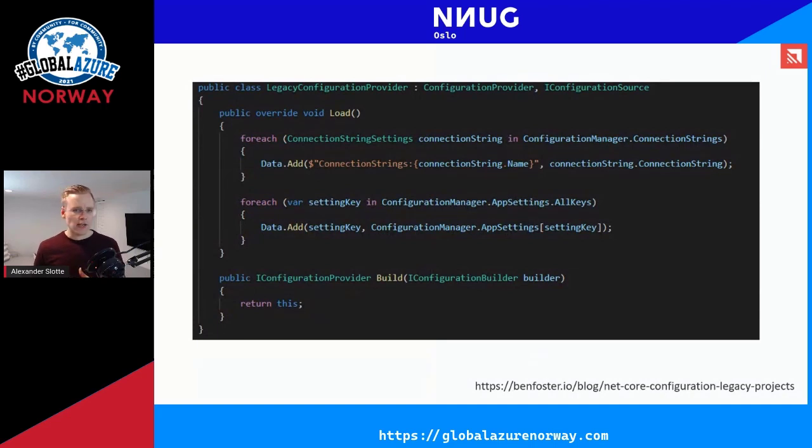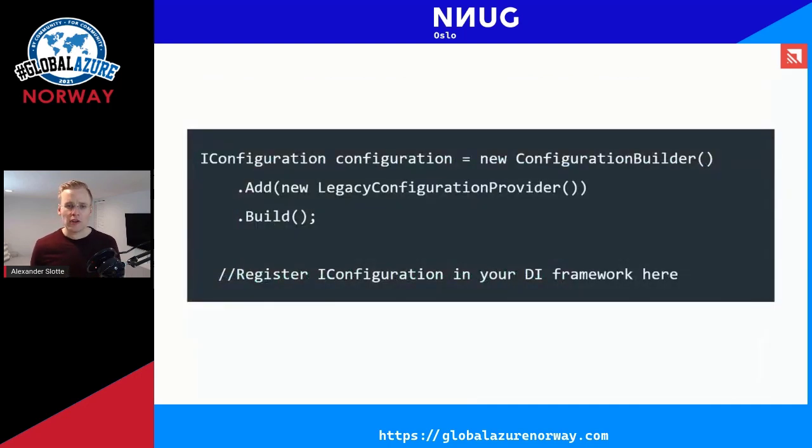And this kind of custom provider can look something like this, right? Super simple. You basically inherit from a configuration provider, and you loop over all the config settings in your web.config, both the keys as well as the connection strings, and you just add them to this IConfiguration source. Once you do that, you can create and build a configuration with something like this, where you just add this legacy provider into your build.